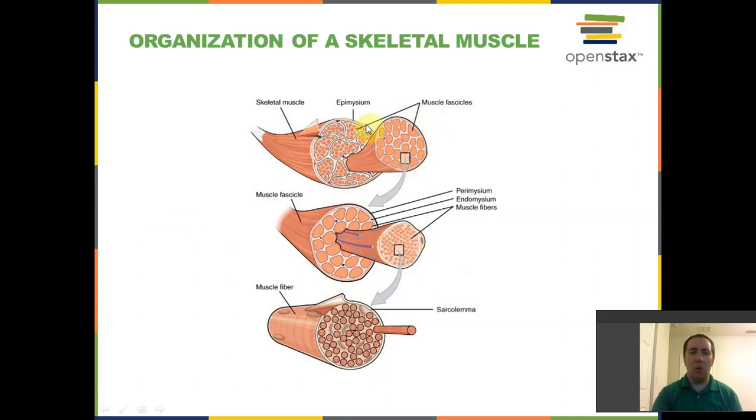It's this whole fascicle. And within that fascicle, again, we can see that there are clearly little bundles inside of that fascicle. And one of them is pulled out, showing that that thing that's in that fascicle is a muscle fiber, which remember is a muscle cell.